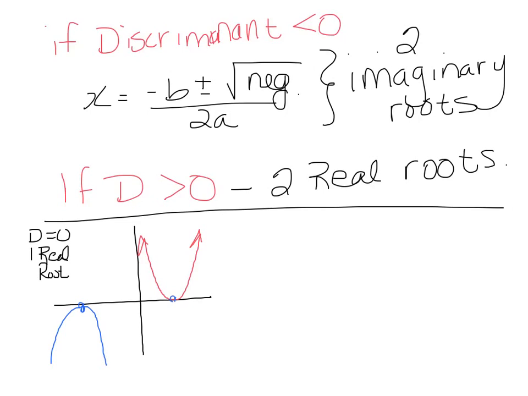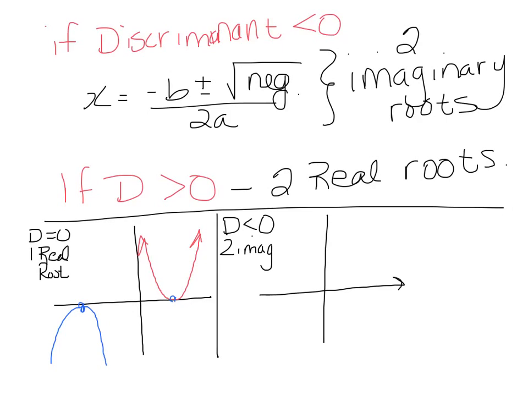That's one example. The other example was when the discriminant was less than 0 and you had those two imaginary roots. What does it look like graphically? The graph has no real roots, so it has no x-intercepts. It's got to do something like this: it's above the x-axis, or if it opens down, it's below the x-axis.